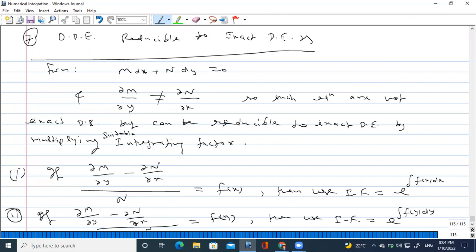Denominator is N, sorry. No. Here you have to take M, because it depends upon this differentiation. Because M you differentiate with y and N you differentiate with x. So here you have to use M. Okay. So now you write it. Done, sir.